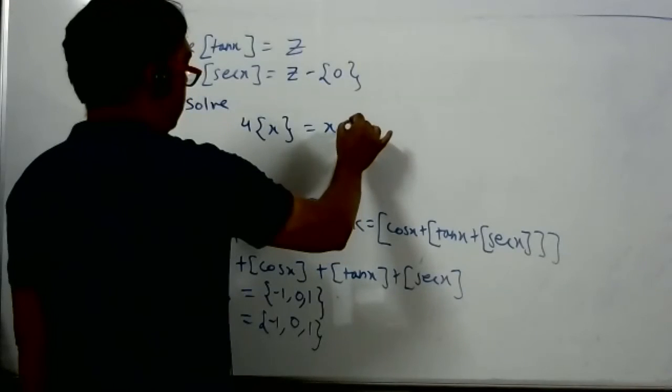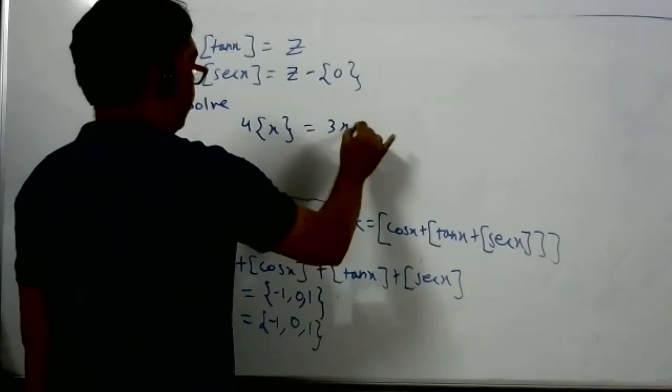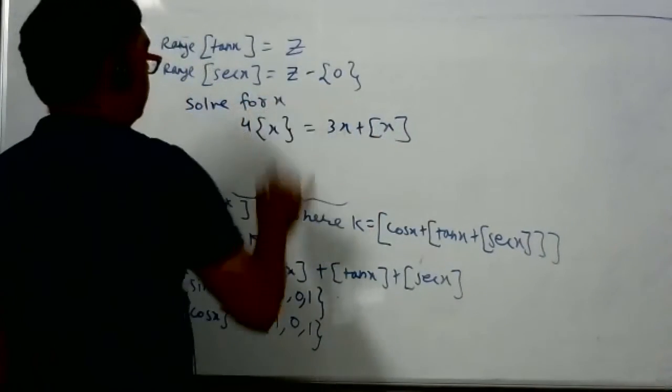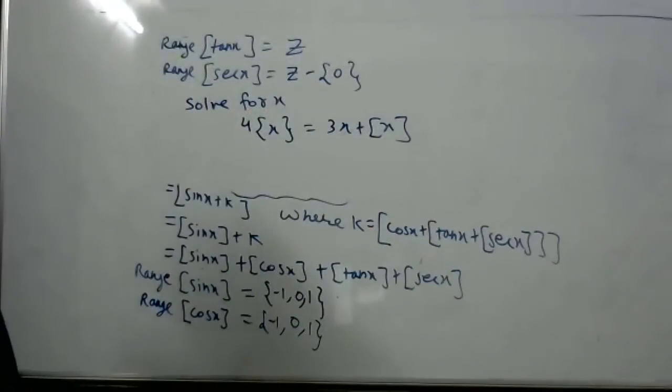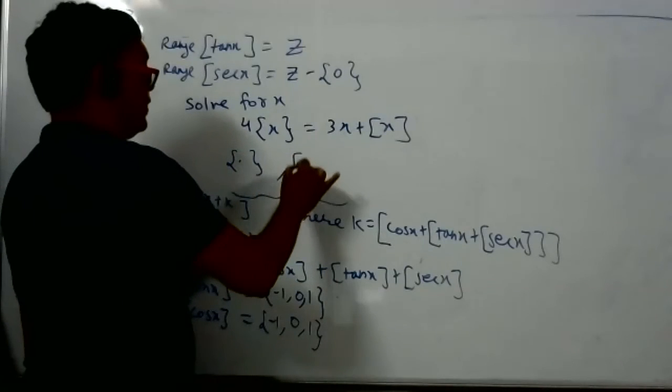Solve for x: x plus 3x plus bracket. Solve this equation. Sir, so we need to find the domain here. This is the fractional part, and this is the greatest integer. Sir, we are finding x, no, sir?